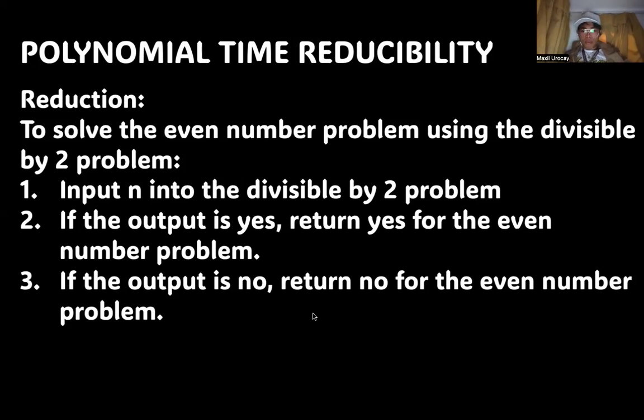This reduction is trivial because checking if a number is divisible by 2 already answers whether it is even. The transformation involves no computation other than passing n, which is clearly polynomial, constant time in this case. So it is a simple example of polynomial time reducibility that also shows that deterministic is really easy to solve.